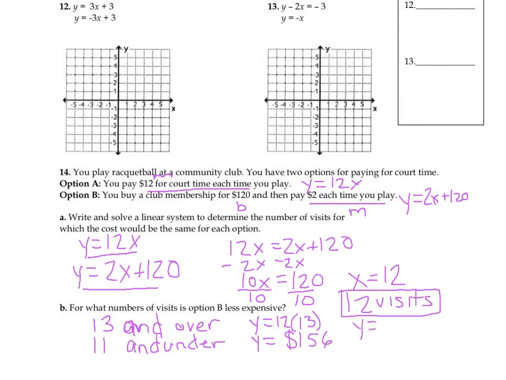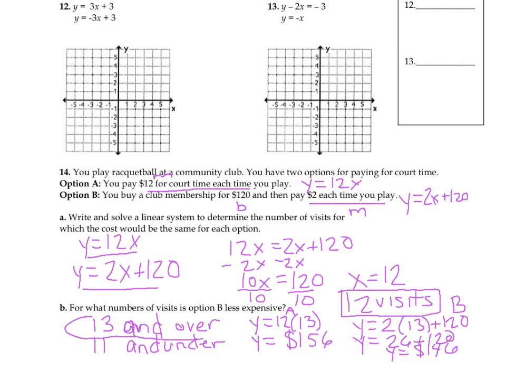And then if we plug 13 into the other equation, we get y equals 2 times 13 plus 120, which is 26 plus 120, which gives us y equals $146. So if this is option A and this is option B, then we can see that 13 makes option B less expensive than option A.